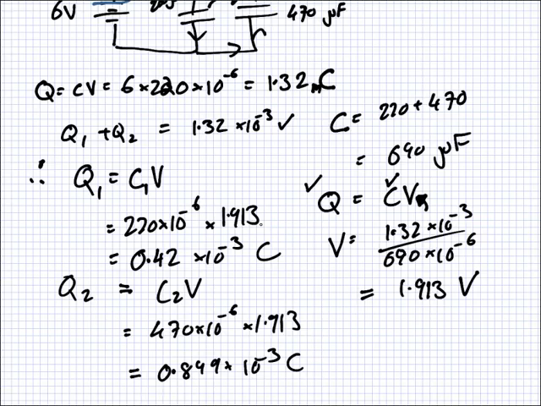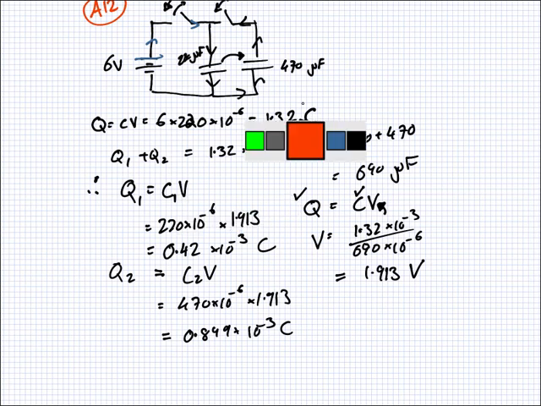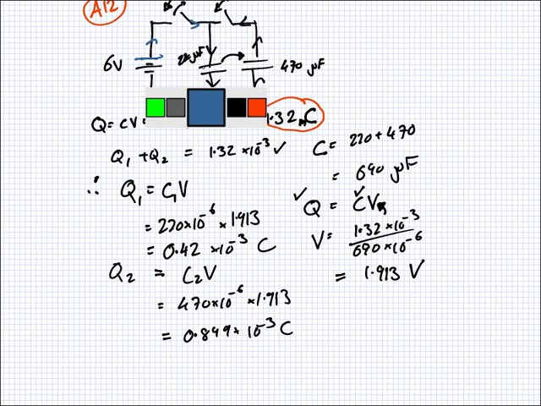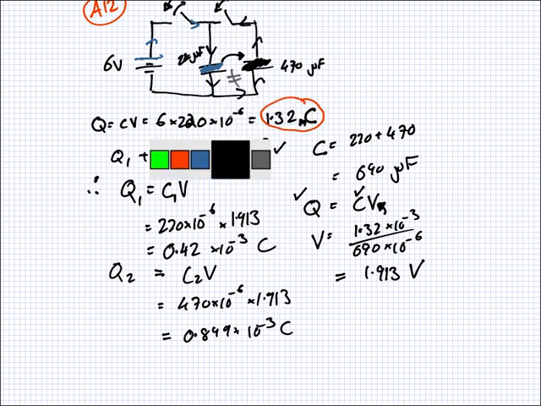Good. So this 1.32 millicoulombs splits so that this one gets 0.42 millicoulombs and this one gets 0.899 millicoulombs. They're allowed to be different because they're in parallel.